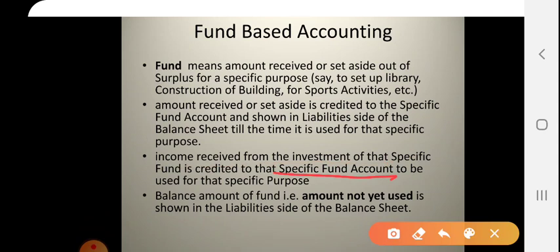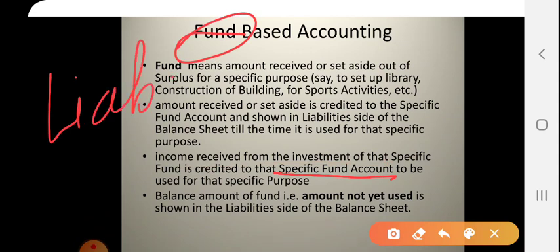This fund is to be shown on the liability side of the balance sheet. So what is fund-based accounting?